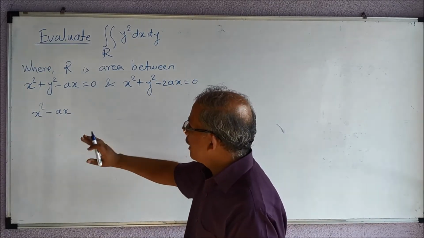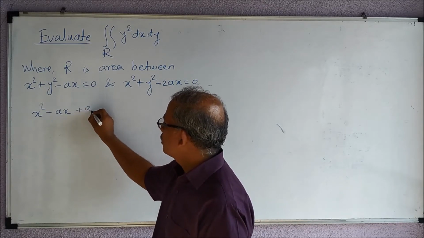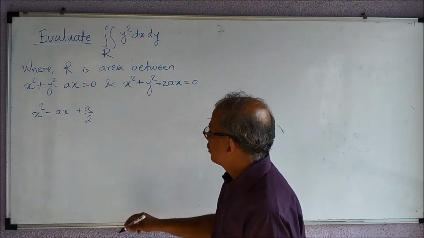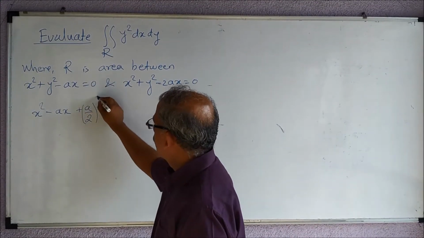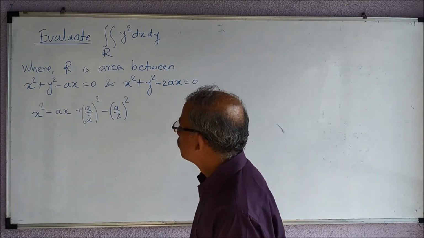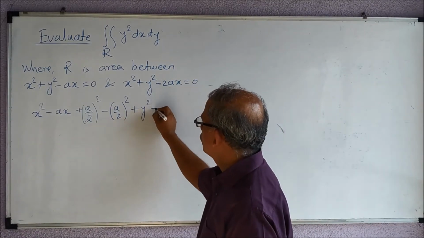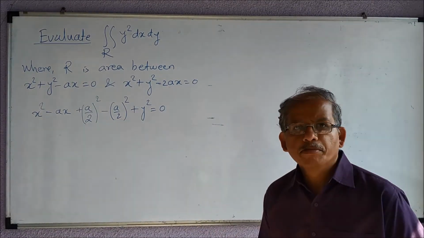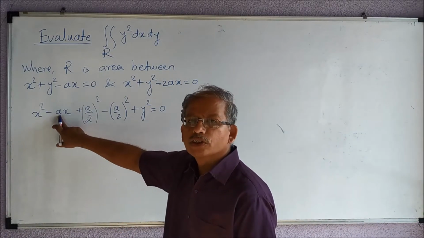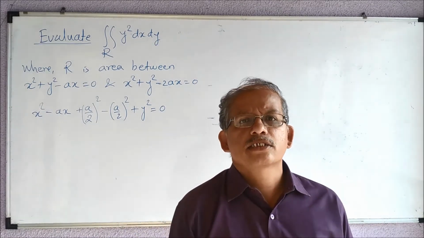I'll add one more term over here, plus (a by 2) square, minus (a by 2) square, plus y square equal to 0. So this is completing squares. What you do is you take the coefficient of the middle term, divide it by 2, and add and subtract its square.